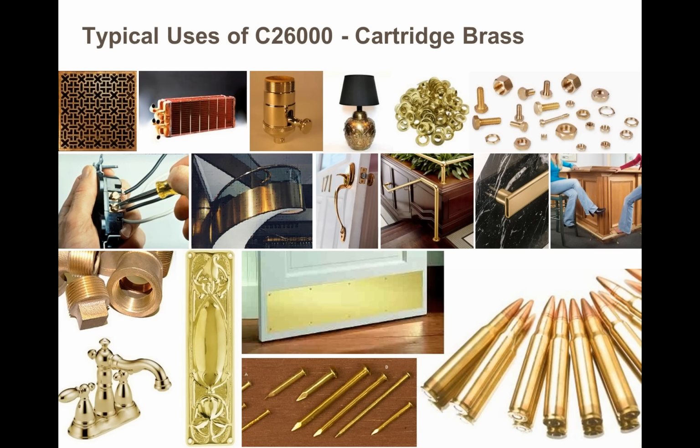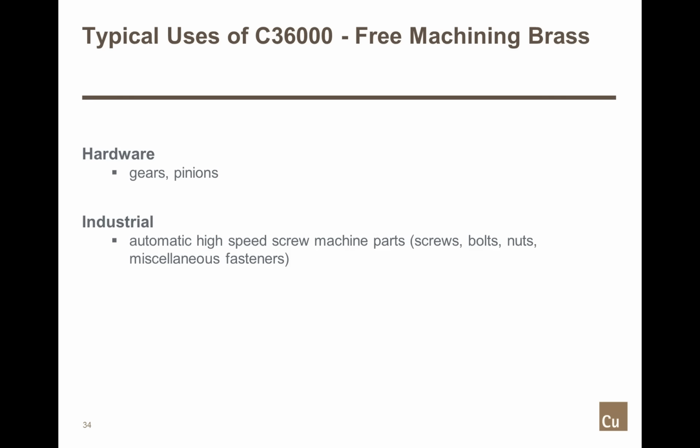I added 360 because of a request. This is free machining brass. Essentially, 360 is 260 with added lead. And this is primarily produced in rods and tubes to be made into a variety of products on screw machines.